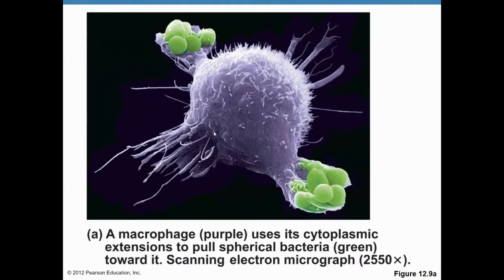So here is electron microscopy of a macrophage in purple. They have these long cytoplasmic appendages that are capable of capturing things like bacteria, right? And so they draw that bacteria into the macrophage's body, and then they break it down using our little lysosomes, which are the organelles that contain enzymes.